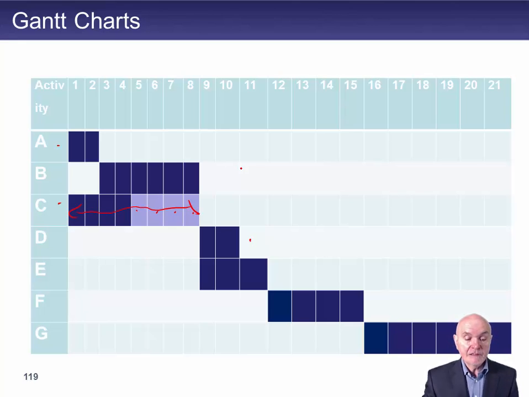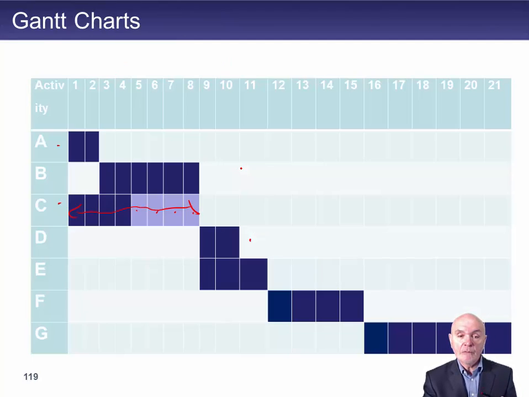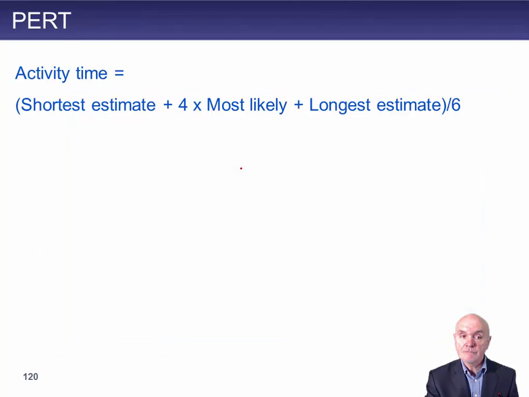If we didn't start D immediately, that's going to be fine as well. So a Gantt chart is another way, and it often shows where you have particular bits of flexibility which can be used.